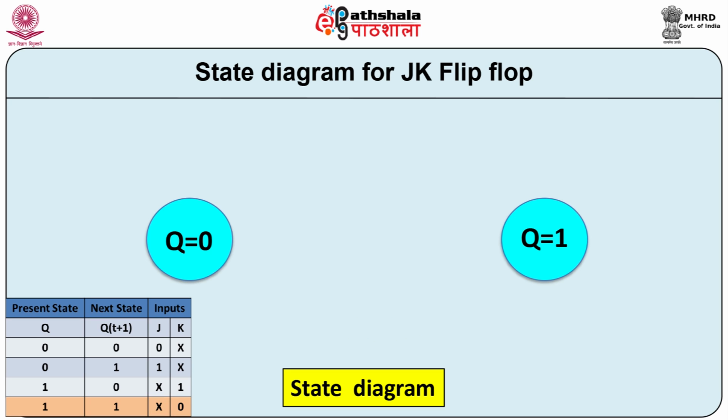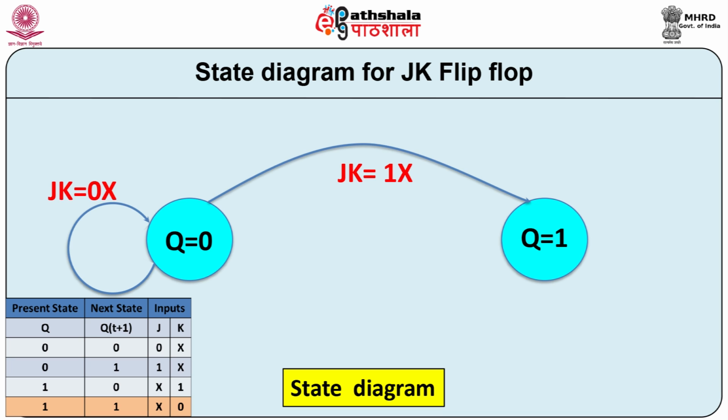Let us now prepare the state diagram for JK flip flop. Even JK flip flop has 2 states, reset and set state. Let us prepare the state diagram with the help of excitation table. If JK flip flop is in the reset state, that is Q is equal to 0 and JK inputs are 0x, then flip flop remains in the same state.